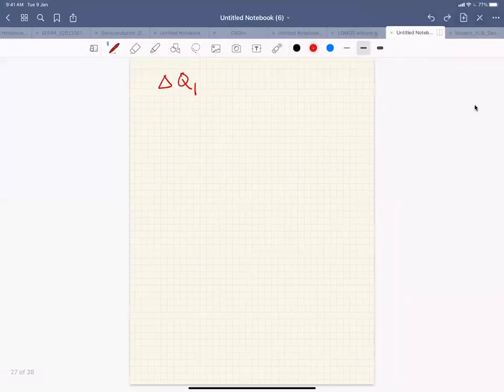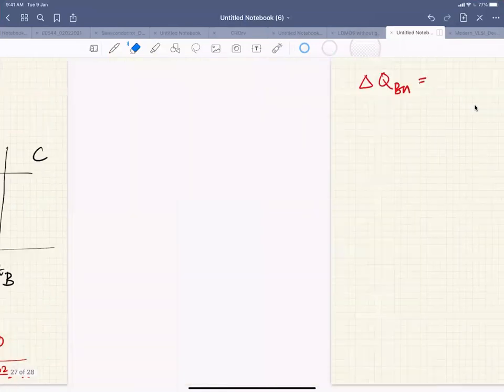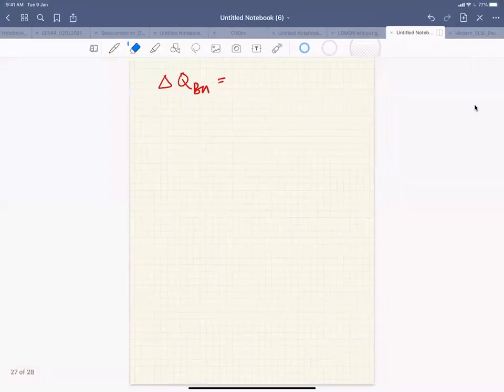And this is because of electrons, so let's put delta QBN. How do you find delta QBN? It is the area under this curve, which is a triangle, so half of the base into height.